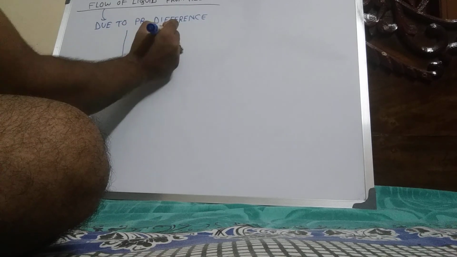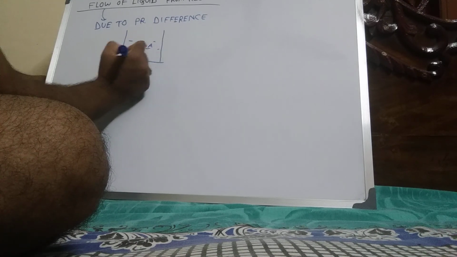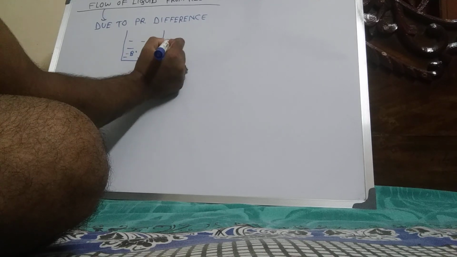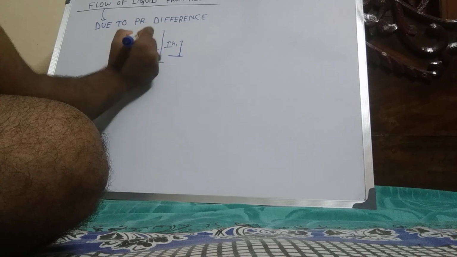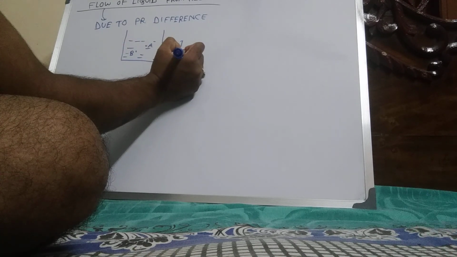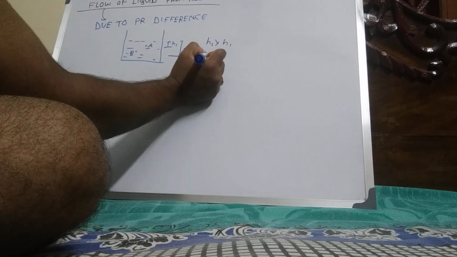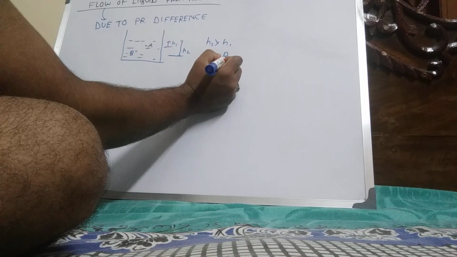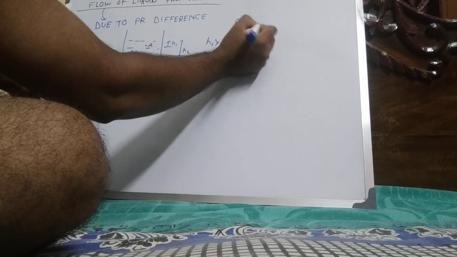Suppose this is the container, filled with liquid, this is point A and this is point B. Its height is h1, and from the free surface it is h2. So h2 is greater than h1. The pressure at B is greater than at A, since pressure is proportional to h.